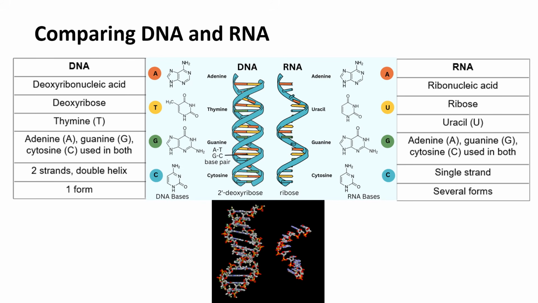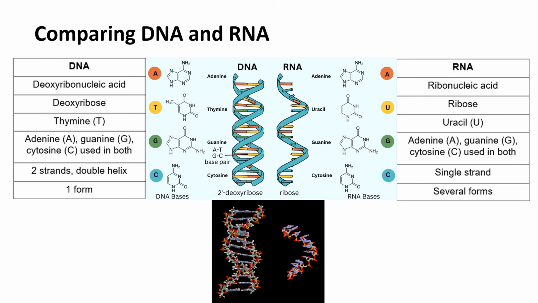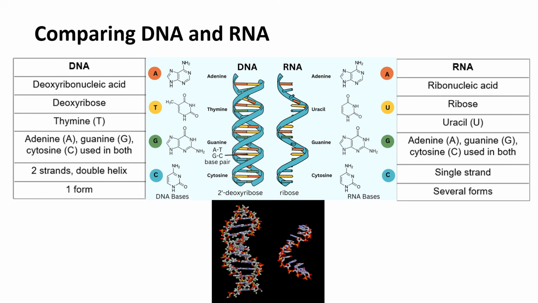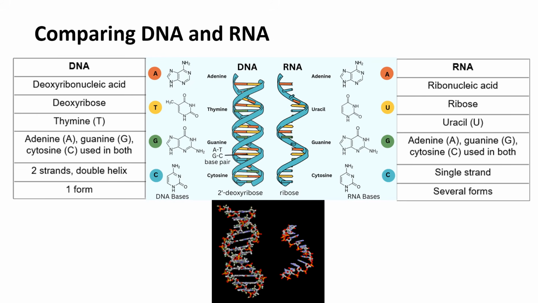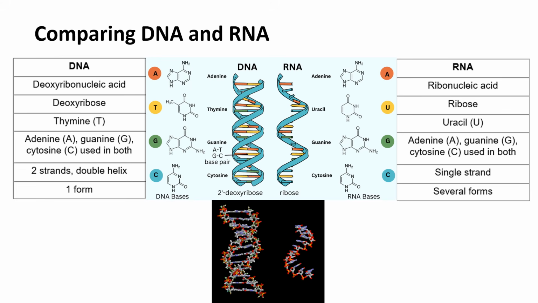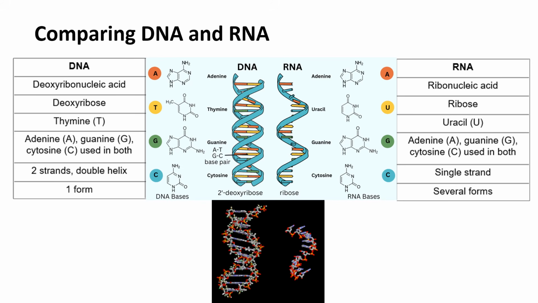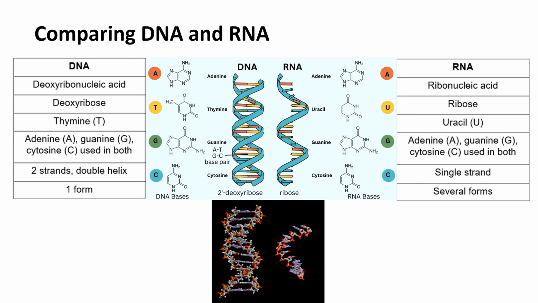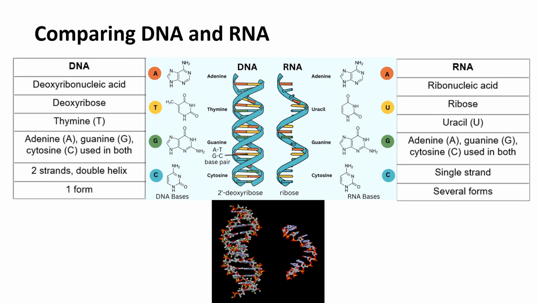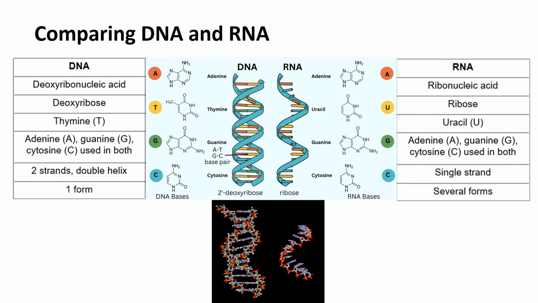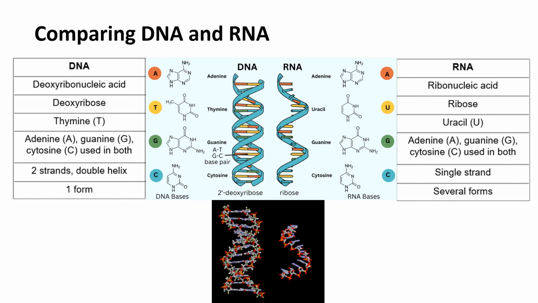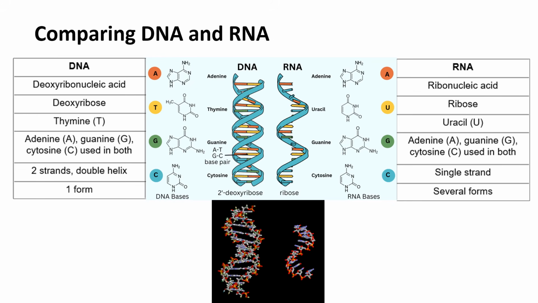It basically is a strand, or sometimes a loop, as we see in bacteria, or ring of a double helix. But RNA, as we'll learn in a later unit, can come in different forms. In fact, there are 3 main forms that we'll learn about: ribosomal RNA, transfer RNA, and messenger RNA.